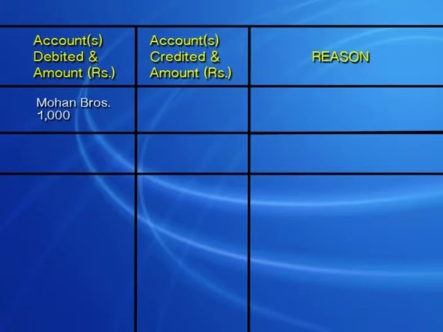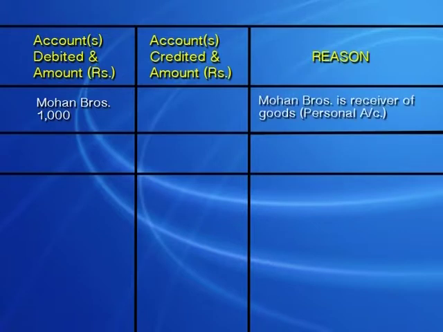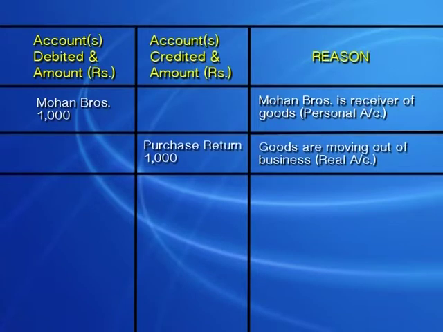So, Mohan Brothers will come in picture. Returning goods to Mohan Brothers, they are the receiver of goods. So, as per the personal account ruling, Mohan Brothers will be debited. And when you are returning goods from your business, goods are moving out. So, purchase return indicates movement of goods out of business. So, credit what goes out, it will be credited.